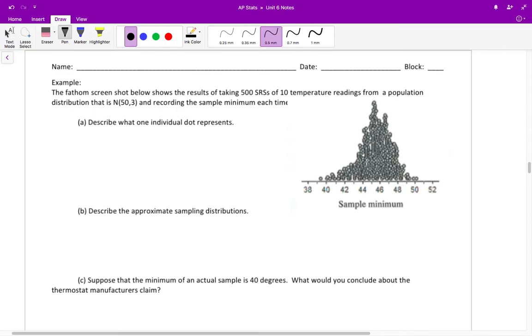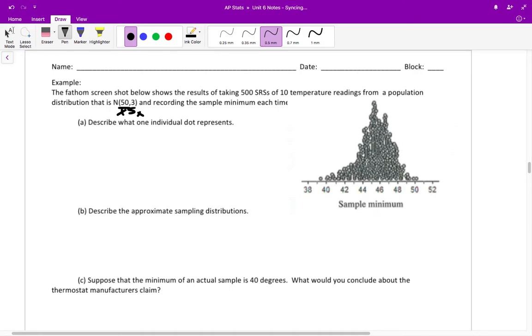Just as a reminder of the notation here, here would be your mean, here would be your standard deviation, and recording the sample minimum each time. So this is a distribution of the sample minimums, looking just at those minimum points for each separate sample.